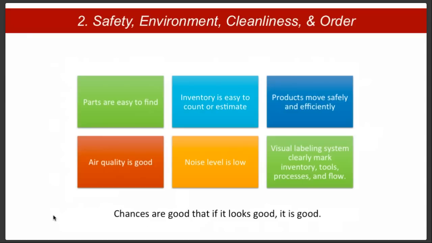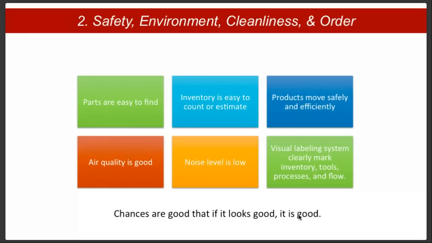So this first dimension, the 5S, 6S, 7S dimension, boils down primarily to this: if it looks good, there is a pretty good chance that it is good. But then again, don't go by just that rule.